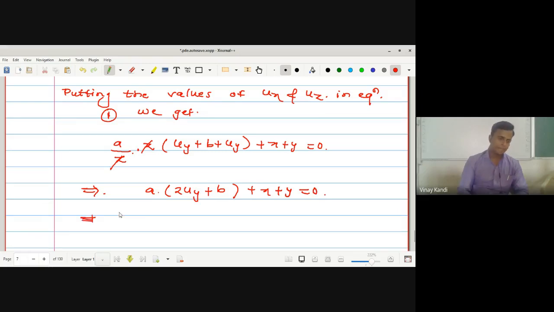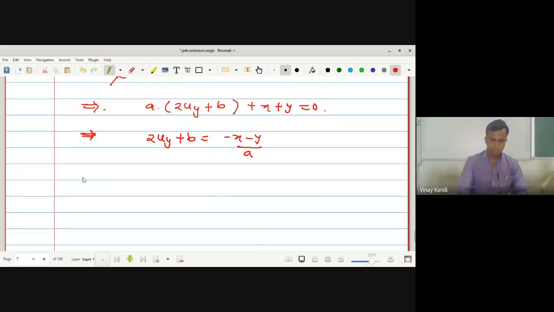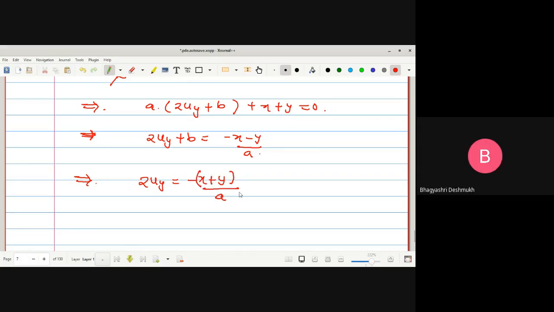So which implies, what comes next? 2uy is equal to minus in bracket x plus y minus a minus b.